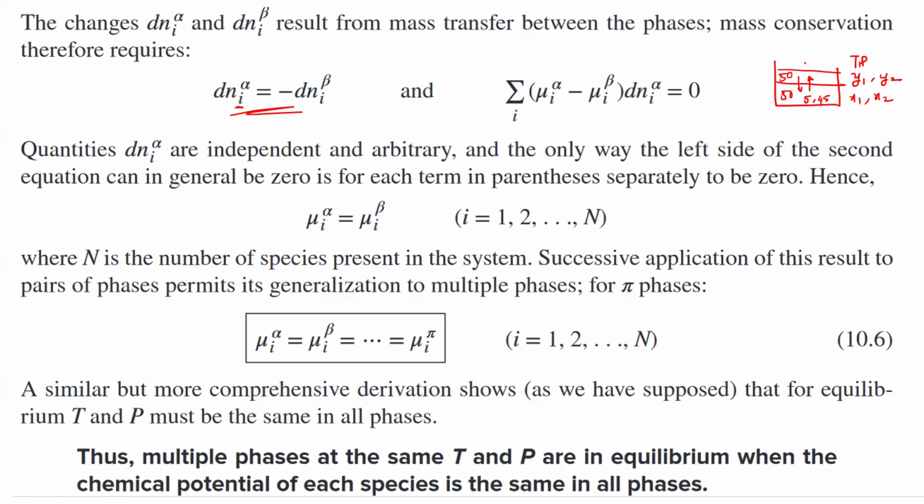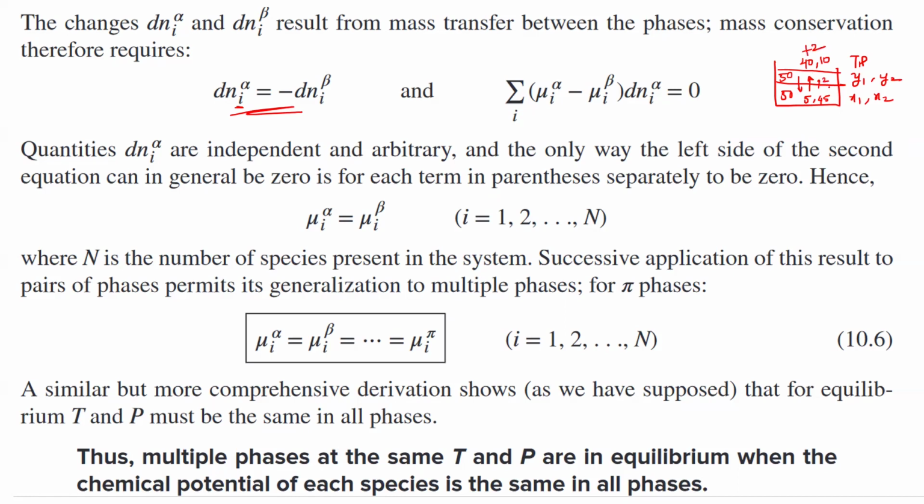And in this, for example, 40 moles of air and 10 moles of water is there. Out of 5 moles, maybe this time 2 moles will go. So of course, this will gain 2 moles of air, 40 plus 2.